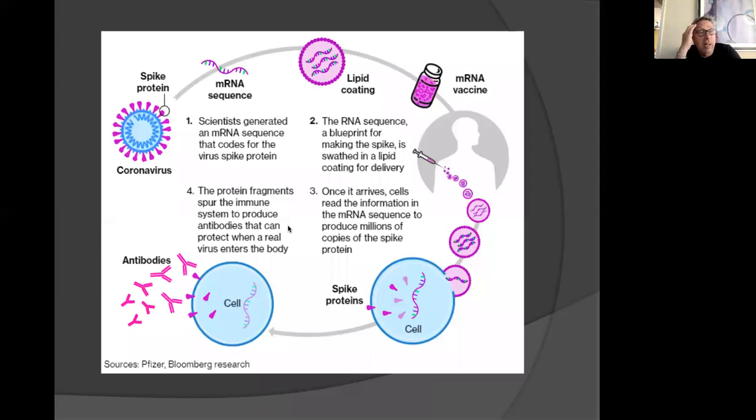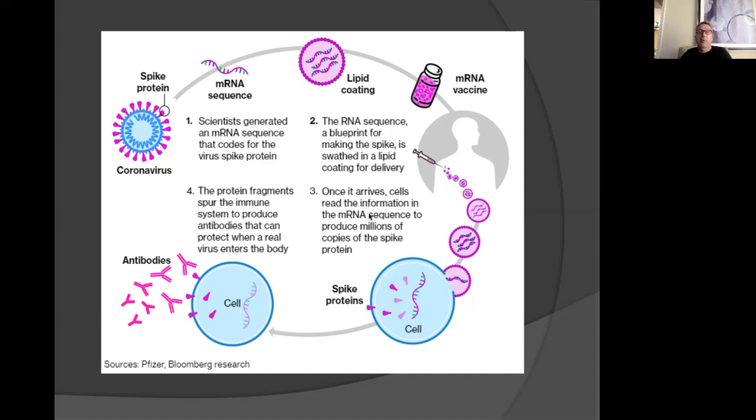And then I put up a little picture that I just grabbed off the internet. Here are those spike proteins that we talked about. Generate an mRNA sequence that codes for the spike protein. The RNA sequence making the spike is swathed in lipid so it can enter the cell.